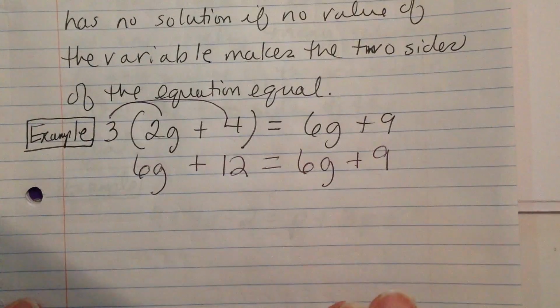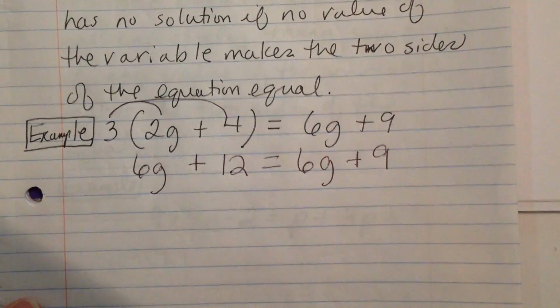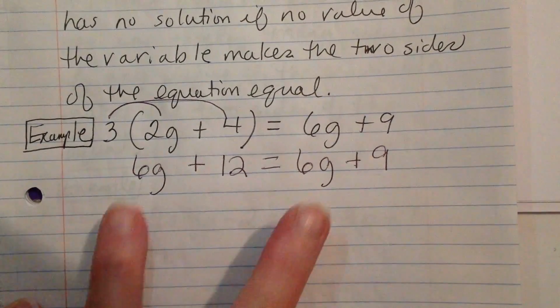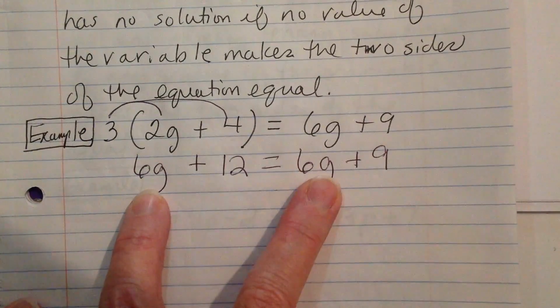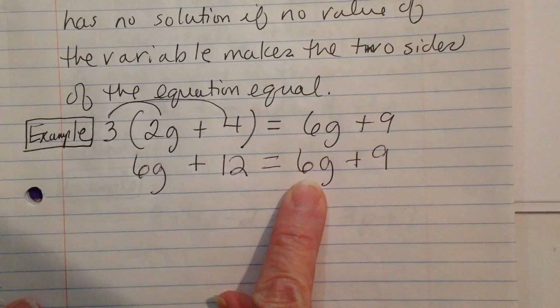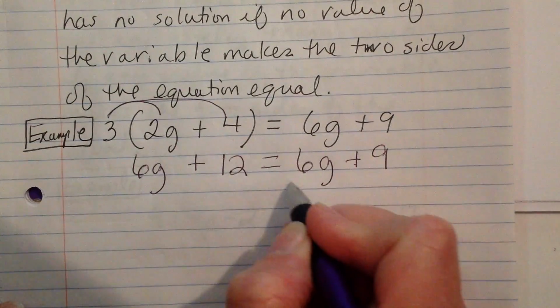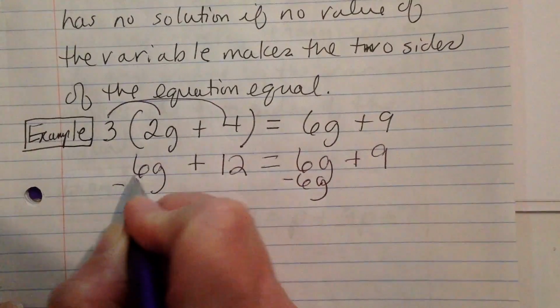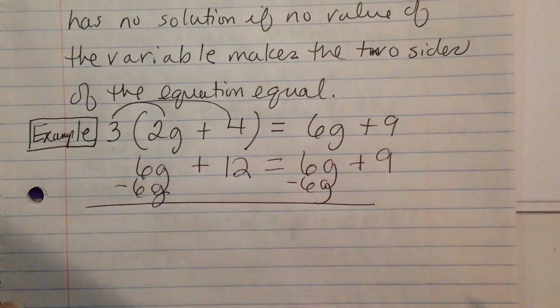I cannot combine on each side of the equal sign. I do have two g's, one on one side and one on the other. So let's move the 6g from the right by subtracting 6g from both sides.